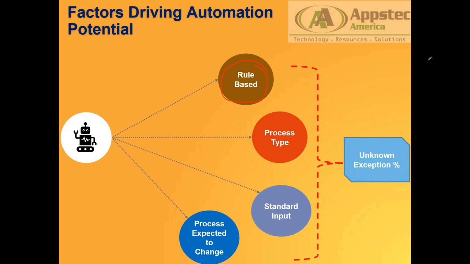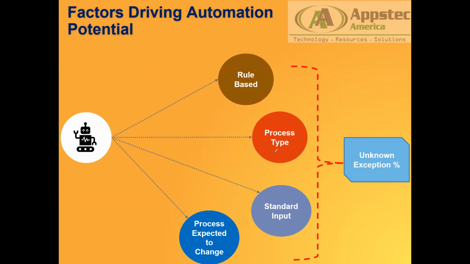Unless we have certain defined rules of how my process is flowing from step 1 to step 2, and then step 2 to the subsequent, I cannot guarantee that an automation would fit there. So rule based is the first thumb rule.